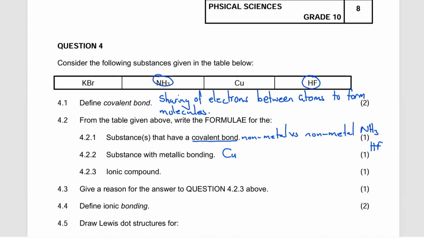So if I draw this, let's say we've got this part that is our copper metal, right? Within this copper we have our protons, or the positive part, as well as our electrons, right? So when these metals are together in a metal, they give up electrons on the outer shell, and then they share them with the other atoms in the metal.